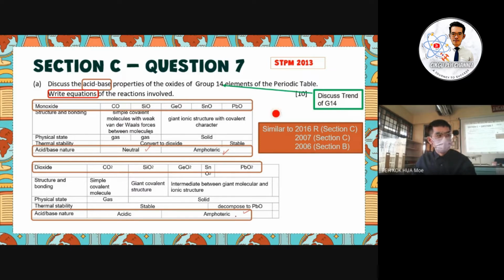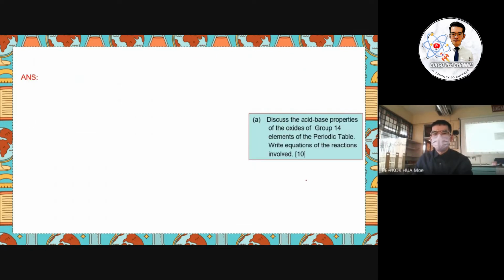So you have to give the reactions of carbon dioxide and silicon dioxide with alkali, and for germanium dioxide, tin dioxide, and lead dioxide, you have to give 2 equations, which are the reactions with acid and base. You have to relate that the monoxide group is at the +2 oxidation state, and the dioxide group is at the +4 oxidation state.